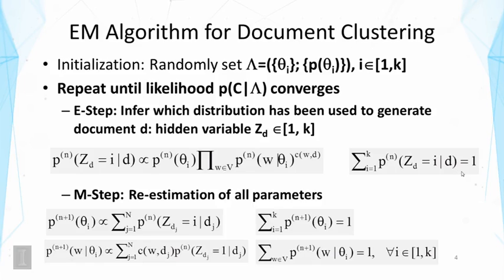In the E step, we're going to infer which distribution has been used to generate each document. And so we have to introduce a hidden variable Z_d for each document. And this variable could take a value from the range of 1 through k, representing k different distributions.